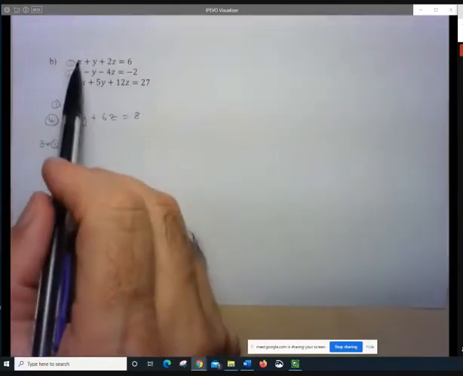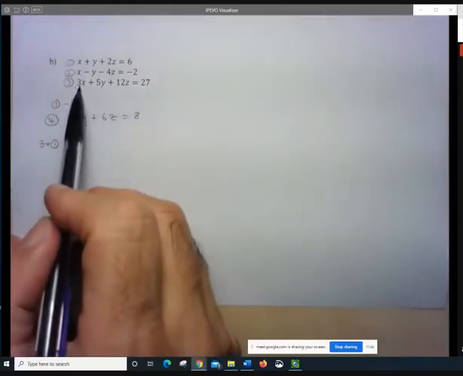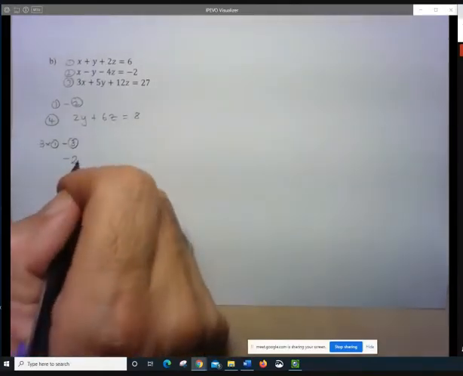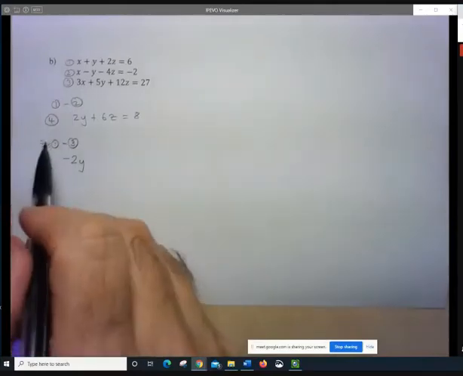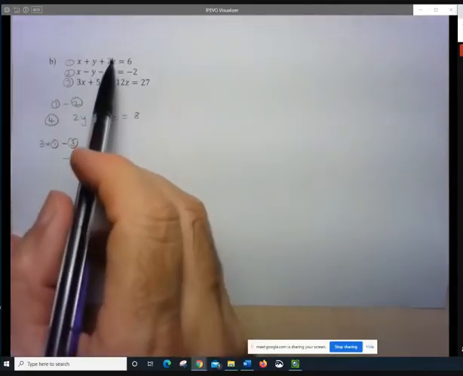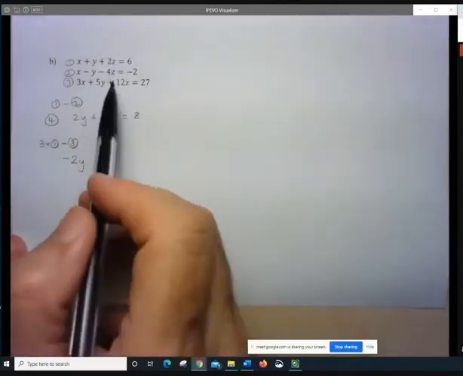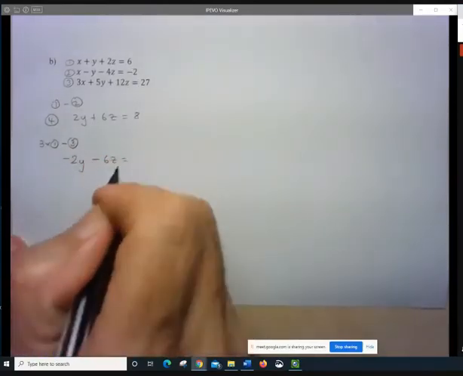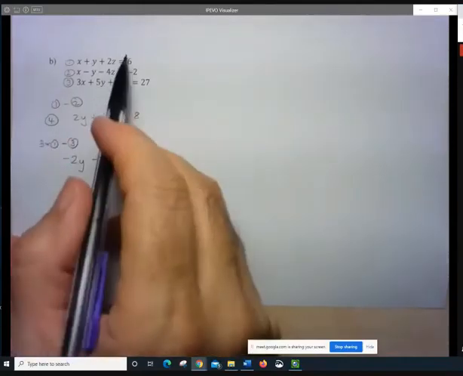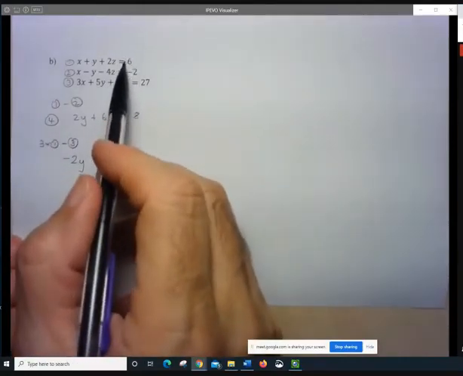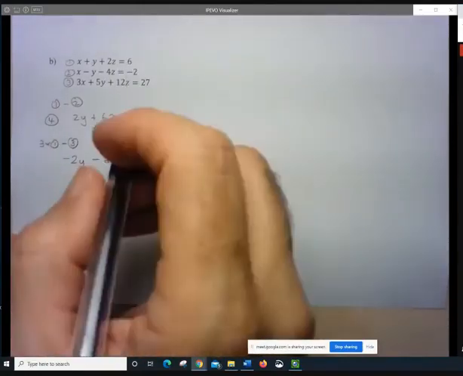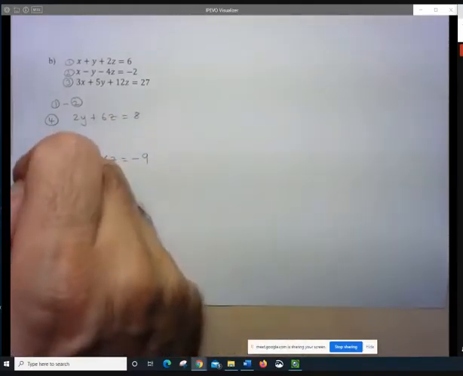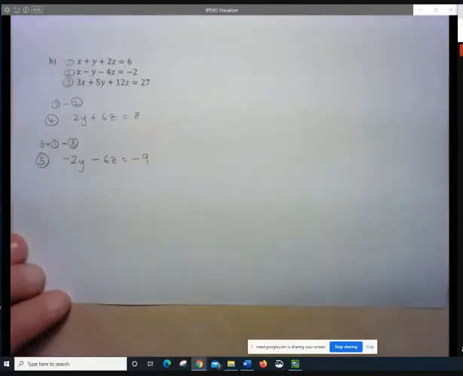It's going to be 3x minus 3x is 0. 3y minus 5y is negative 2y. 3 times 2 is 6z, minus 12z is minus 6z. And then here we have 3 times 6 is 18, minus 27 is negative 9. I'll call that equation 5.